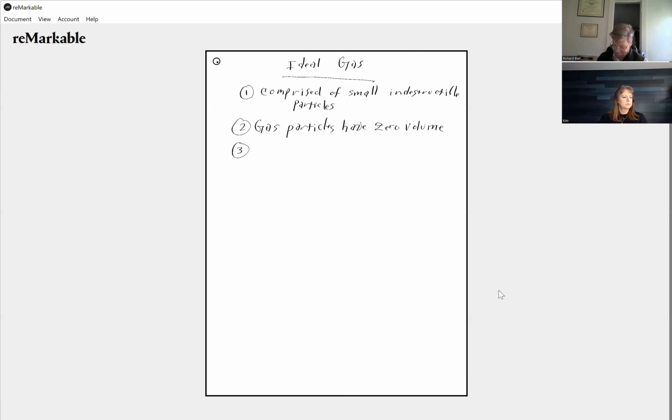The third assumption: the average, and I don't like using the word average, but we will, the average kinetic energy of the gas particles is directly proportional to its temperature.